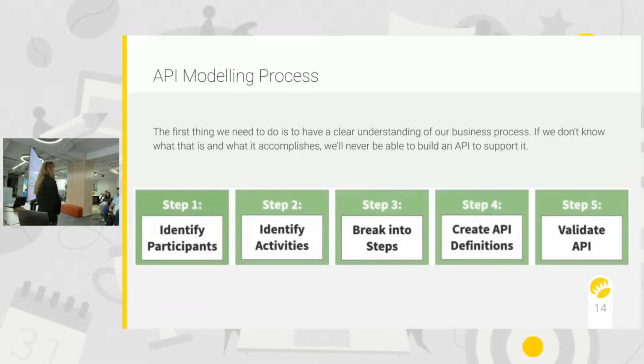So first of all, it starts with identifying participants' activities. Usually, if we want to build an API, we need to understand the business process. If you don't understand the business process, what the functionality of the API is, we cannot build any API documentation.